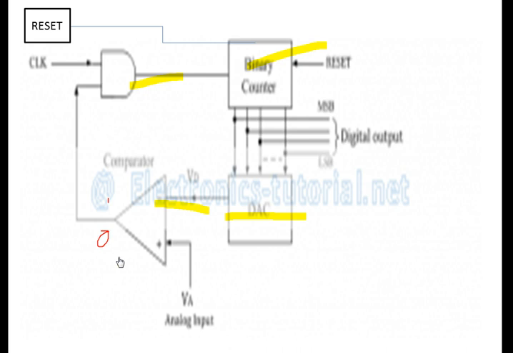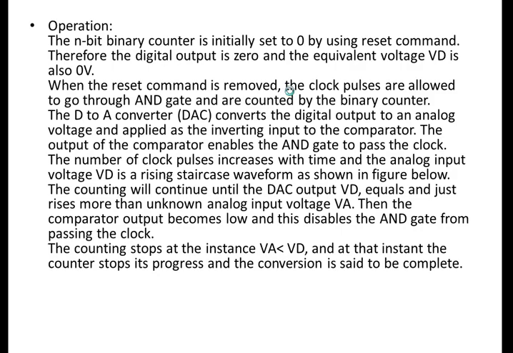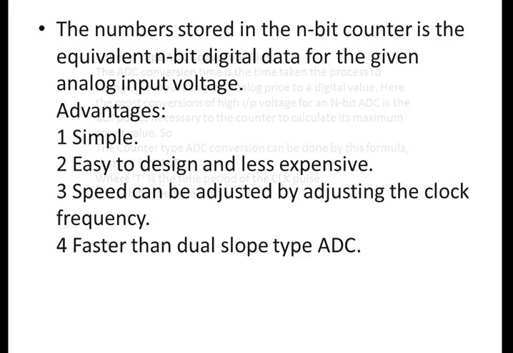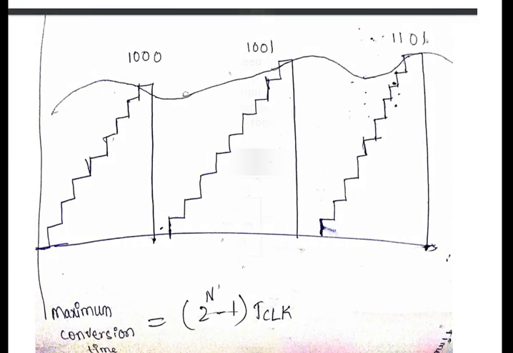If I want to convert 9 volts analog voltage into the corresponding digital equivalent, at that time the up down counter will act as the up counter. For example, if it initially has 8 volts and I want to convert 7 volts into the corresponding digital equivalent, at that time the counter acts as the down counter. So that is the tracking type A to D converter.